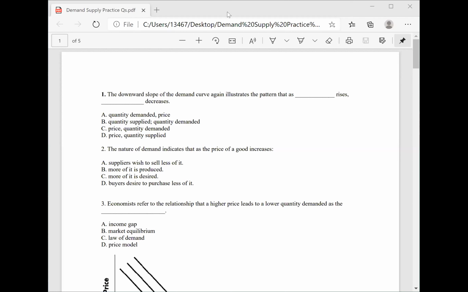Let me share these demand and supply practice questions. Okay, these are the demand and supply practice questions here. I hope you can see this.